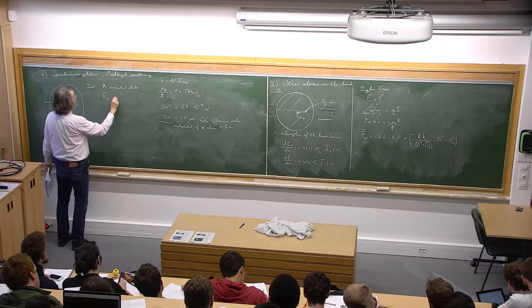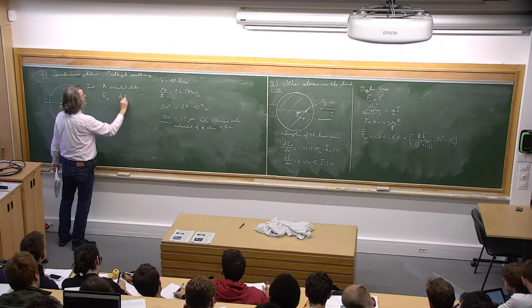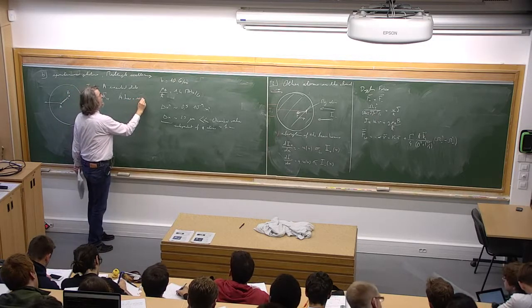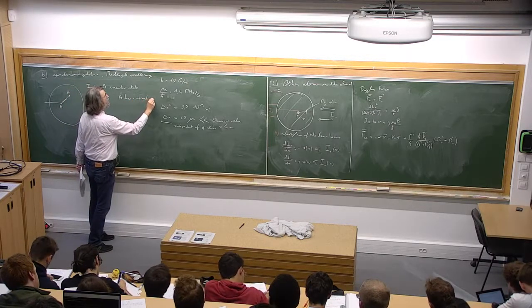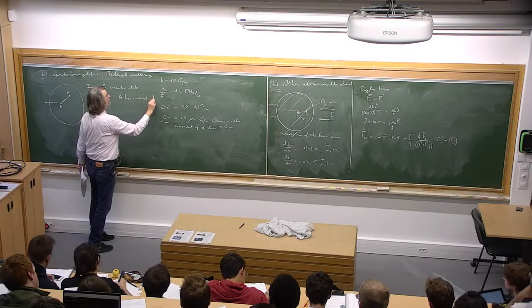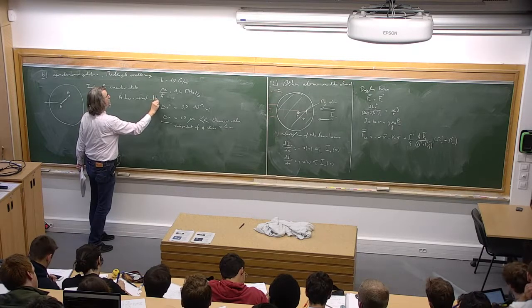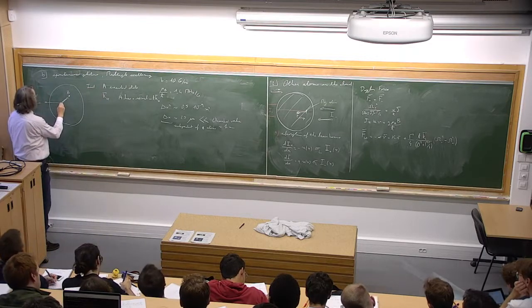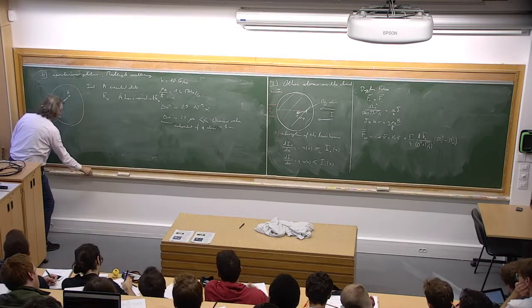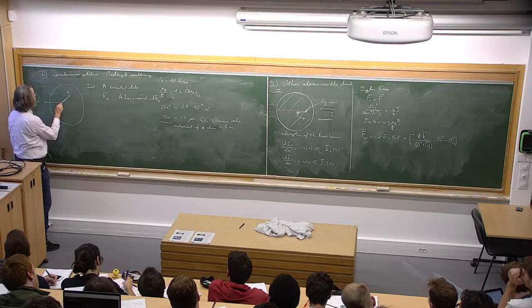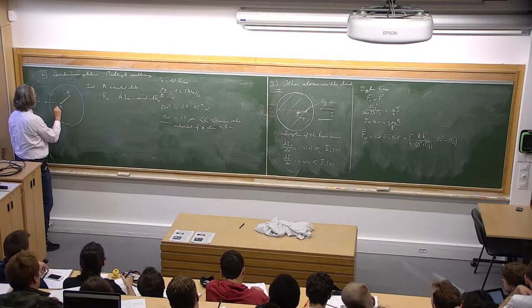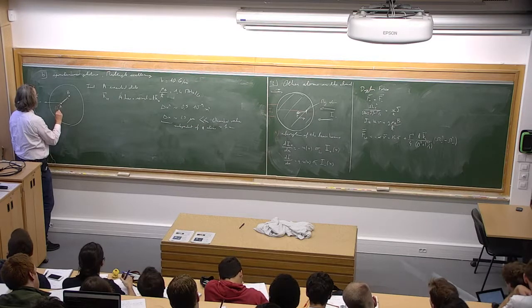And so it means that A has a recoil which is minus ħk spontaneous.